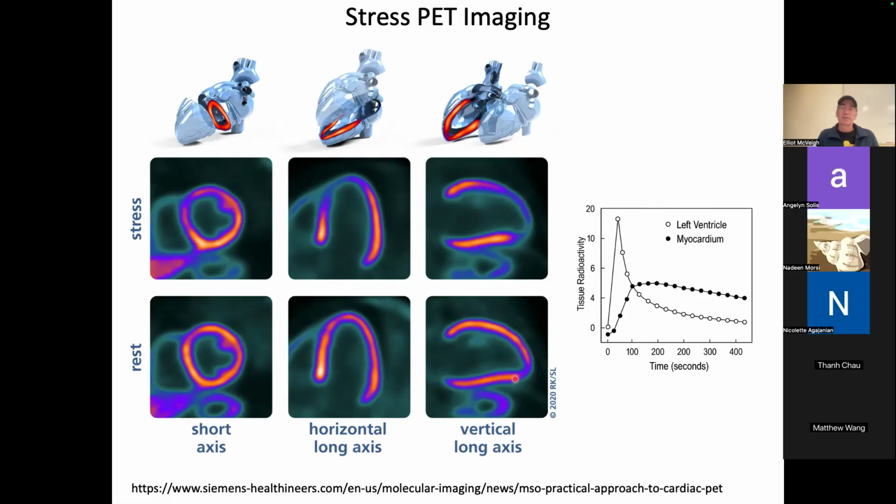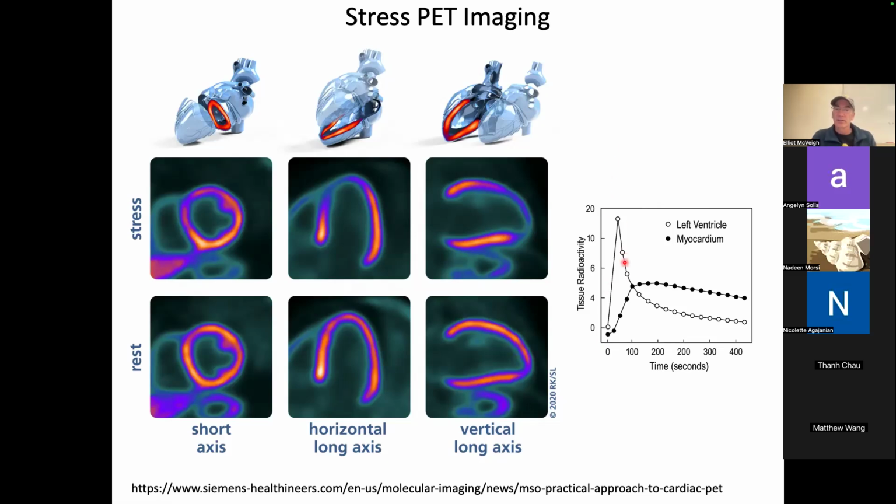The big difference between PET and SPECT is on this time scale: these are seconds here, so this is like 3 minutes here. On this time scale, you can see the signal of the left ventricle, with the agent in the left ventricle, get really bright. I think there's a point missing. I think this second point is probably up here, right? It probably shoots from here up to here and then back down here, because this looks like the third point.